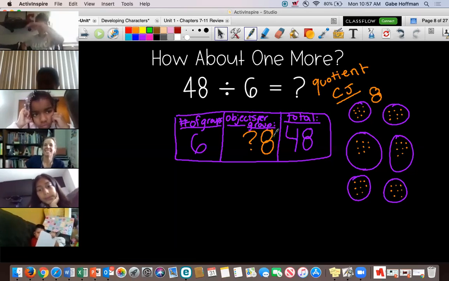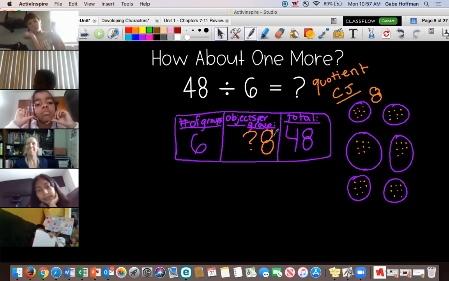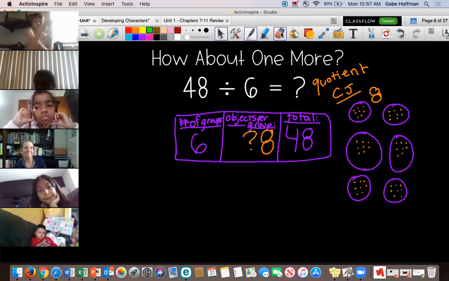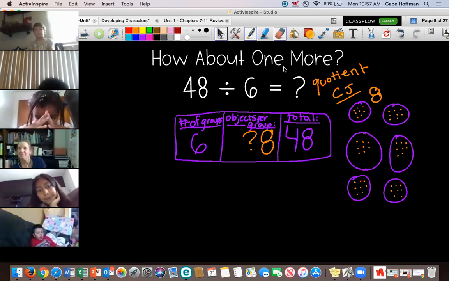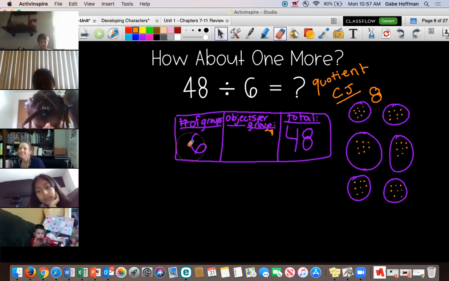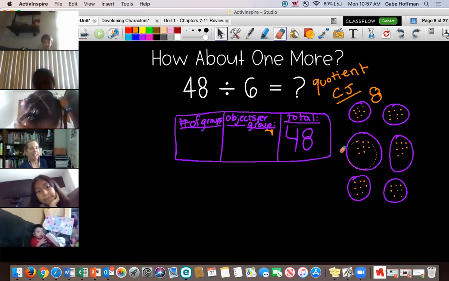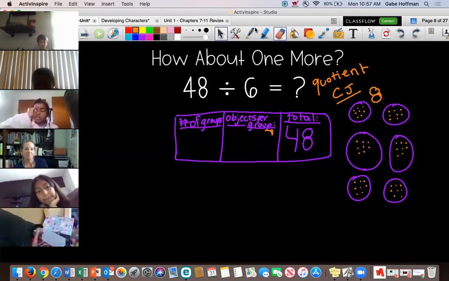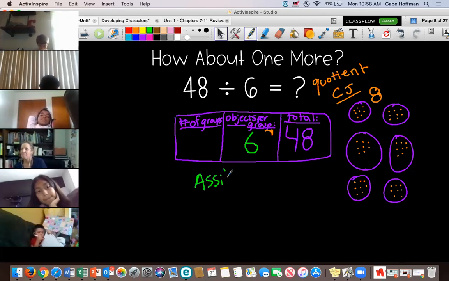I put 6 in each group, and I put 8 as the groups, and the dots were 6. Okay, so hang on. We're going to leave CJ's over there, and Asil started with 6 per group, and I'm going to let Miss Weibel go through the strategy with you from here. So talk us through it, nice and loud, because you're pretty quiet.